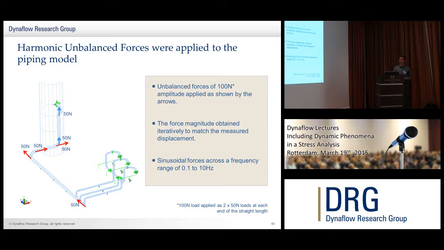We applied these forces as harmonic forces through a whole frequency spectrum from 0 Hz through to 10 Hz, to determine which frequency was most affected by the unbalanced force.